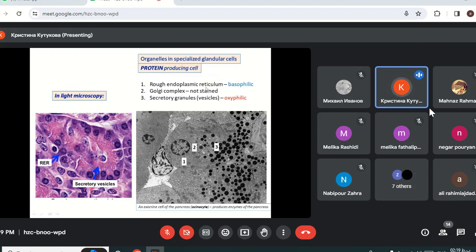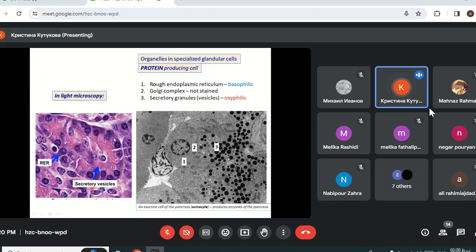Rough endoplasmic reticulum is stained always basophilic because it contains ribosomes, and ribosomes contain RNA, and they will be stained basophilic as DNA in the cell nucleus. So if a cell has a lot of rough endoplasmic reticulum, it will have basophilic cytoplasm.